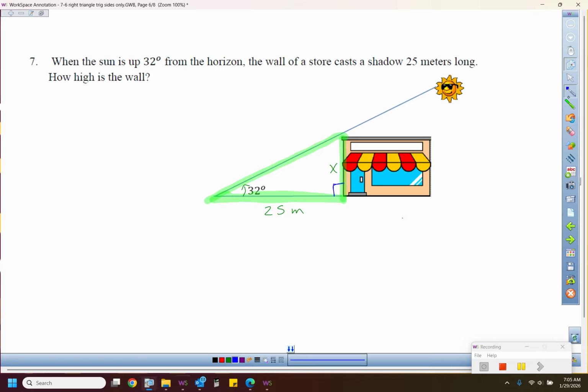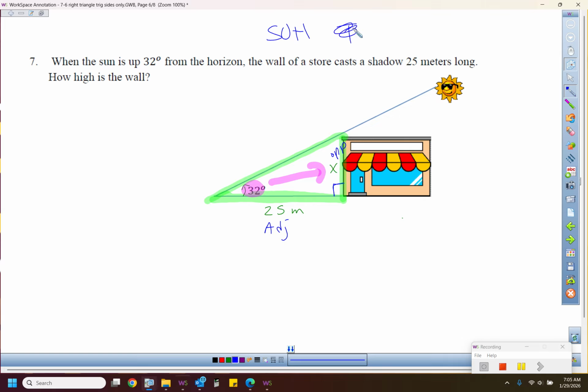And I need SOH CAH TOA because I've got an angle measure and some side lengths that I'm trying to mess around with. So if I focus all my attention on him, who is that X? Opposite, adjacent, or hypotenuse? He is opposite. And who is this 25? He is adjacent to it. So we shall use SOH CAH TOA, which should be at the top of your paper, right?